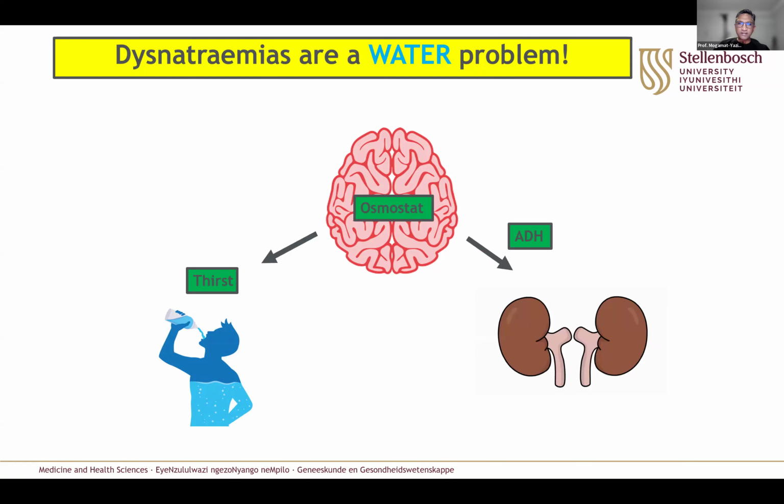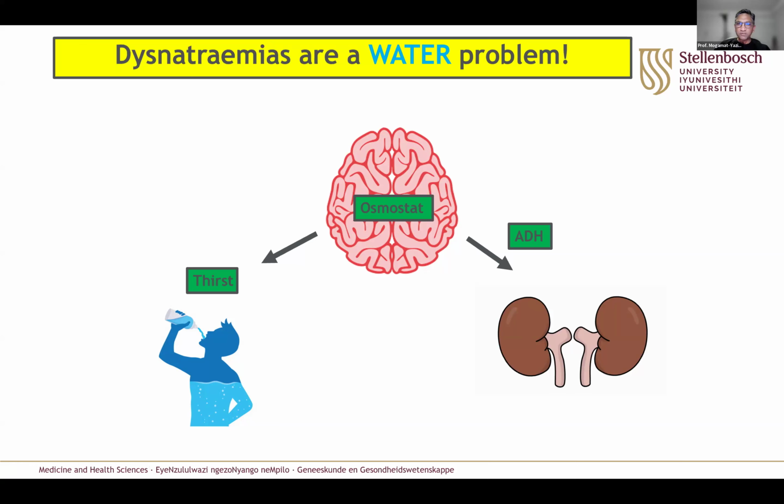On the other hand, it also sends signals to the posterior pituitary gland to secrete vasopressin or ADH. And in the case of hypernatremia, ADH will be stimulated, which will result in renal water retention or maximally concentrating the urine. And in the case of hyponatremia, ADH will be switched off and the patient will excrete dilute urine.